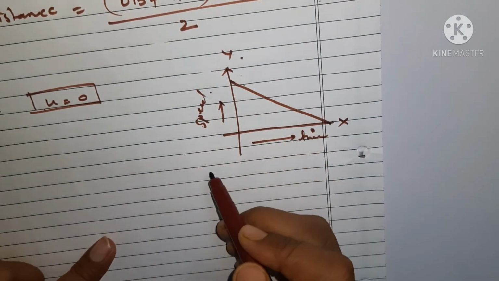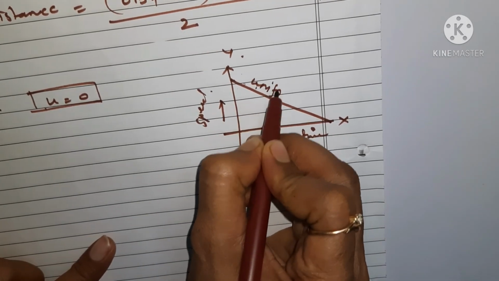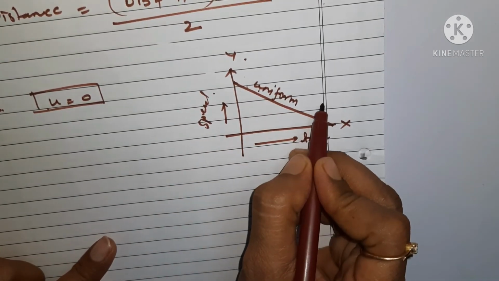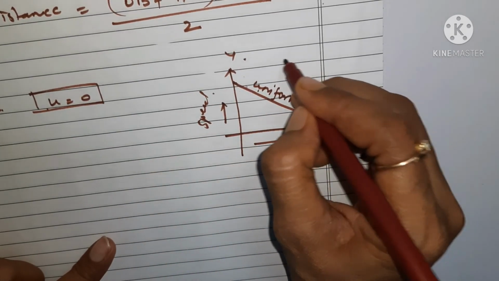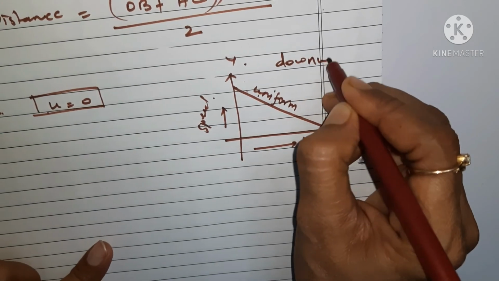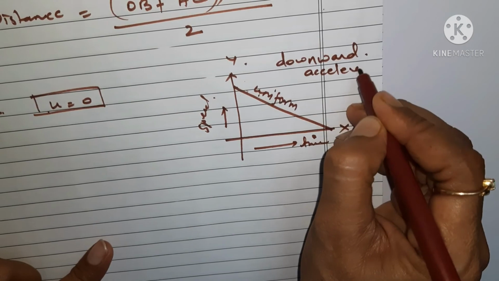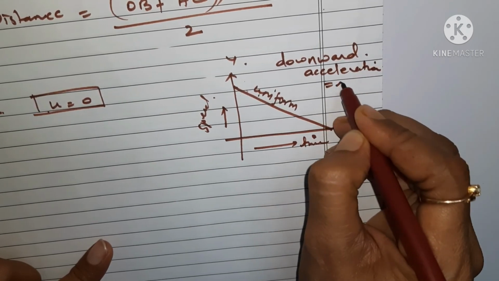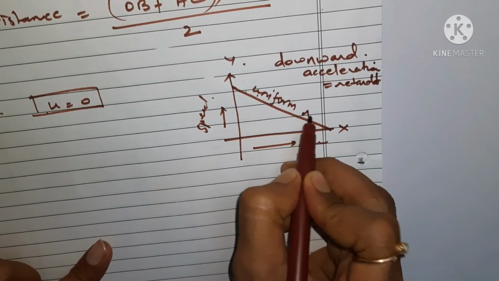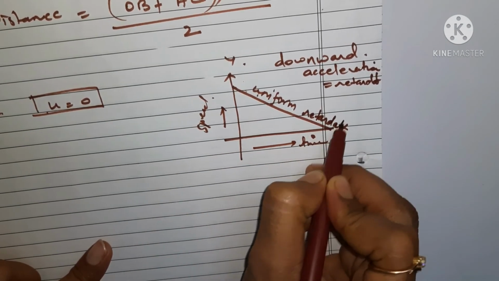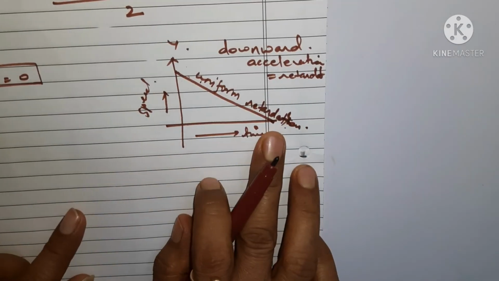In such cases you are getting uniform acceleration, but the word acceleration cannot be used because it is downward. Downward acceleration is actually equal to retardation. We call it retardation, so it is uniform retardation. This was the point which was just left out, so we are covering this also.